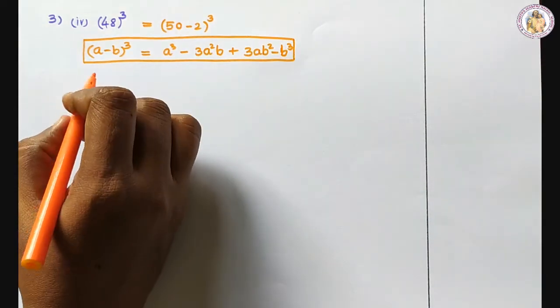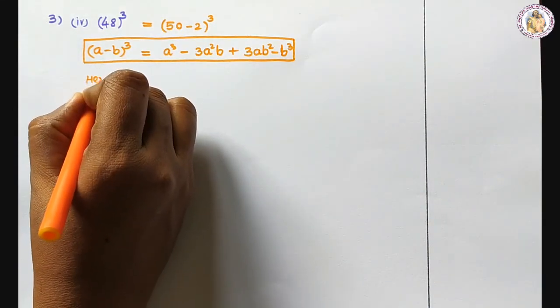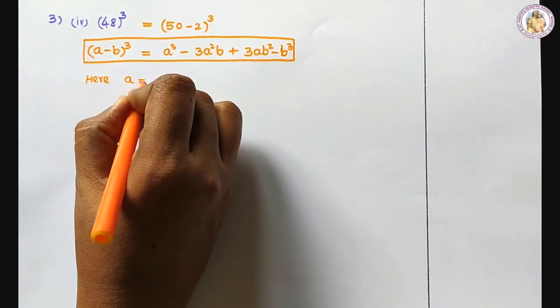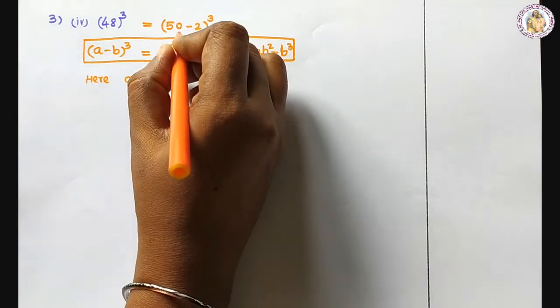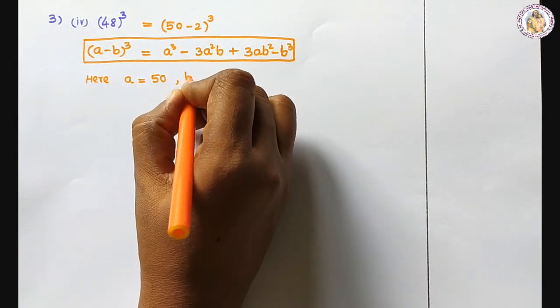Apply that, and then here a equal to 50 and b equal to 2.